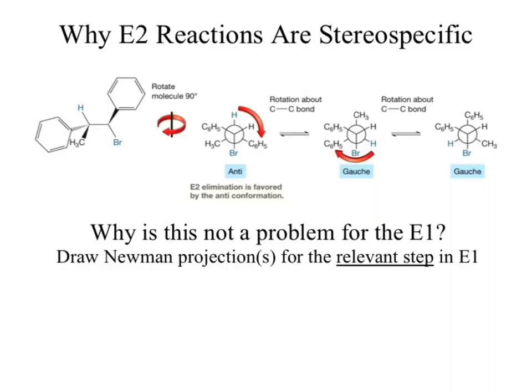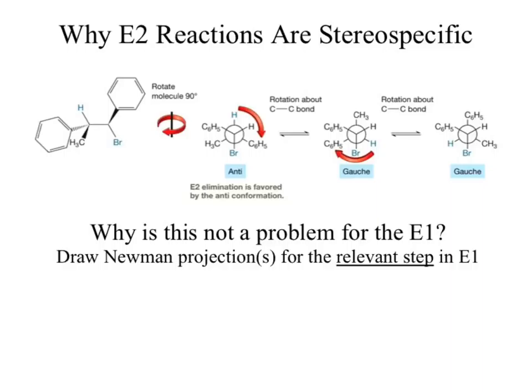It becomes a little bit more obvious if we rotate the structure into a Newman projection. Yay! Newman projections. We draw out the Newman projection. What do we end up seeing? There's our bromine as our leaving group and our hydrogen that's getting removed. They're located anti to each other.